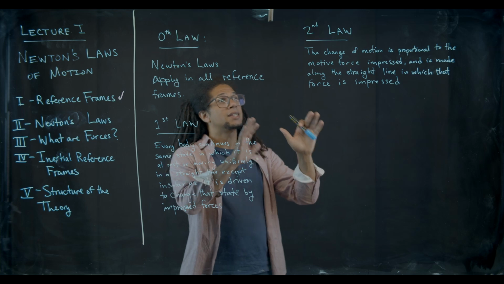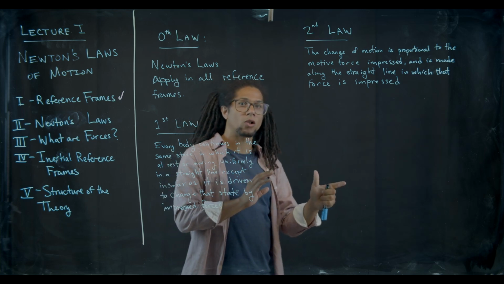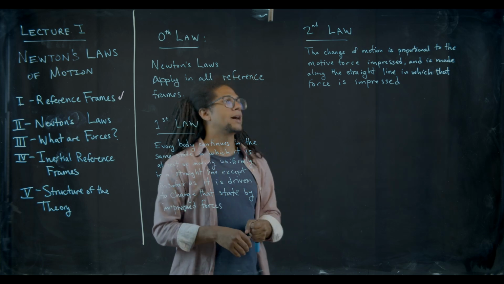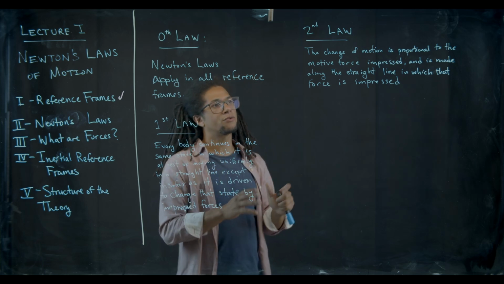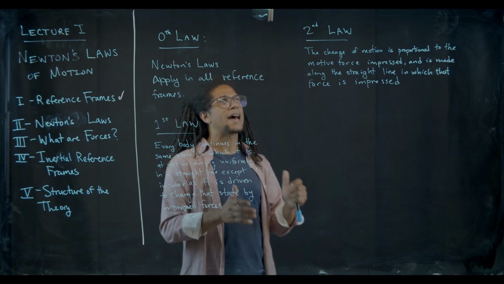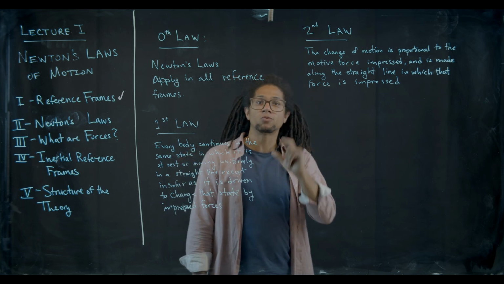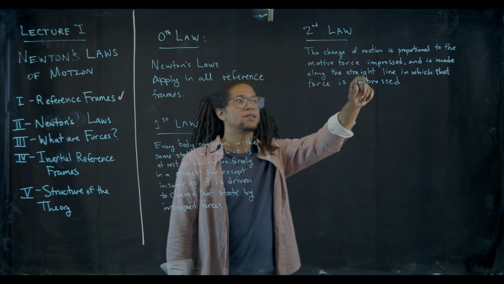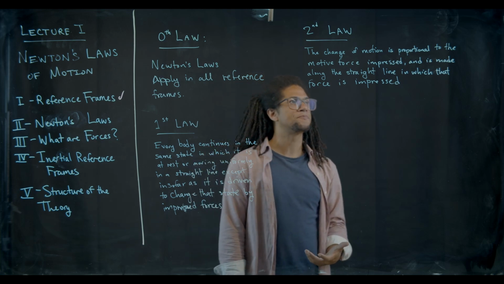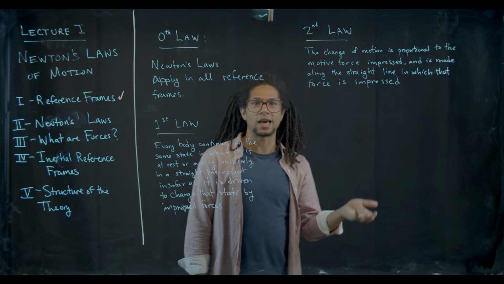That said, the second law is supposed to be true only for a small amount of time, and therefore a small change in motion. So we could actually just make this a lot more precise using calculus.